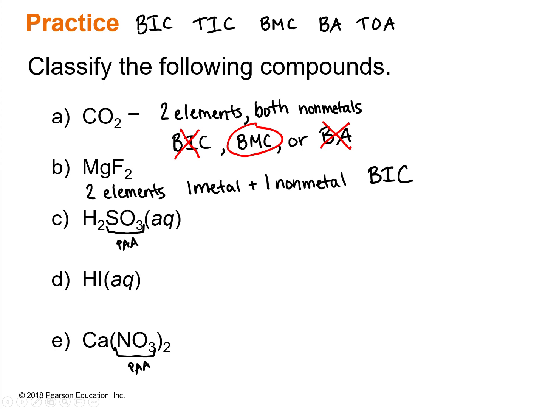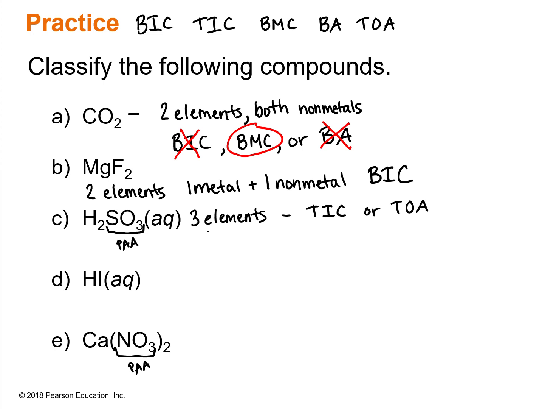For letter C, we've got 3 elements. That narrows down our options quite a bit. It has to be something ternary ionic, or ternary oxyacid.